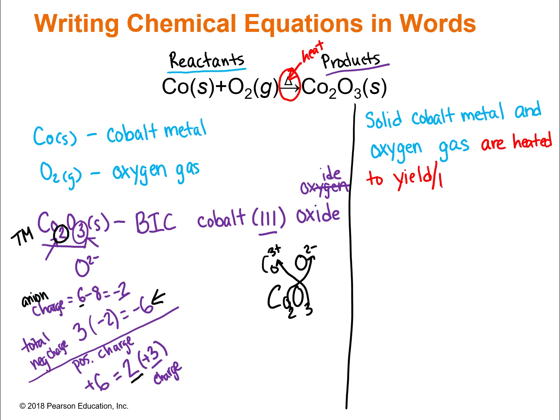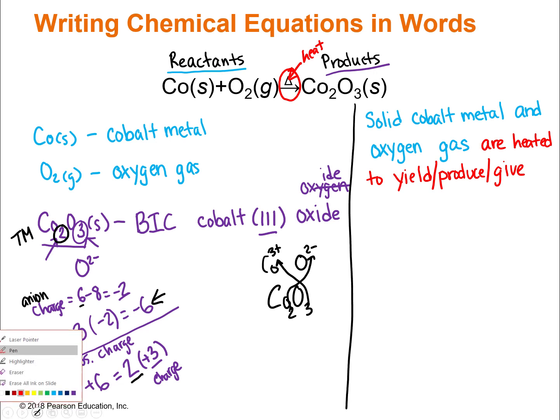Or you could say heated to produce or give. So whichever word you prefer, that's what you can use. You only have to use one though, so don't give me all three. Then you write the name and the state of matter for your products.